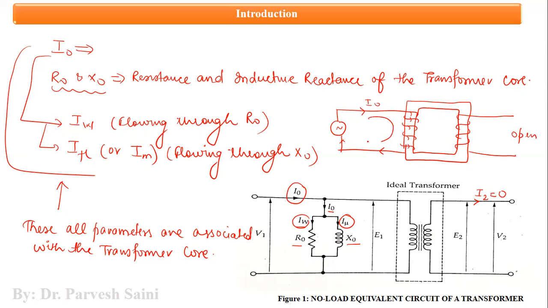So this current when it flows through the primary winding is responsible for two effects in the core of the transformer.